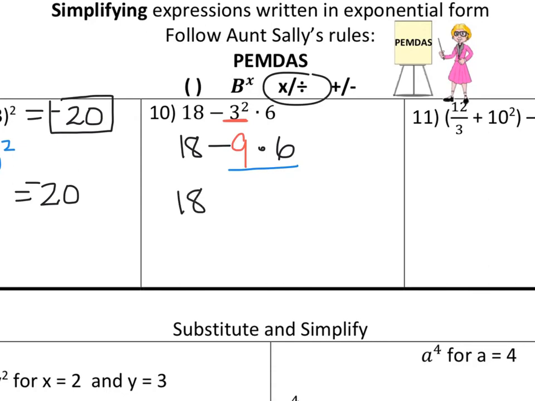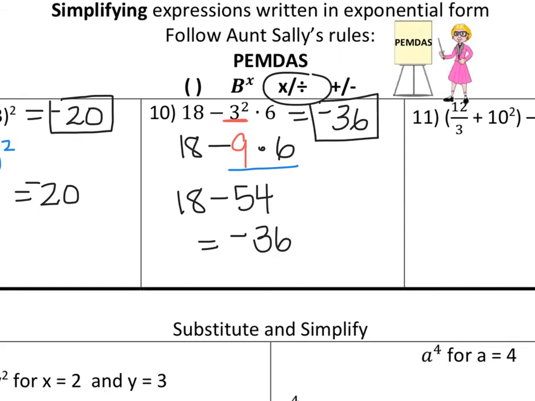So it's 18 minus 9 times 6 is 54. And then 18 minus 54 is negative 36. So 18 minus 3 squared times 6 is negative 36.